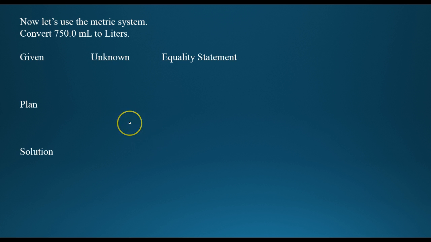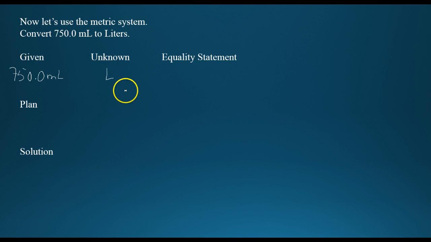So in this problem, we want to convert 750 milliliters to liters. So our given will be 750.0, which is significant. And we want to convert that to our unknown, which is liters.